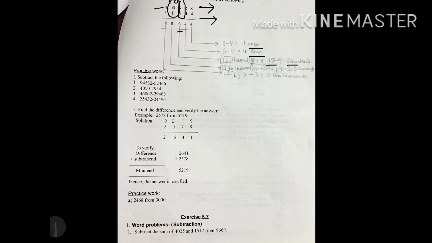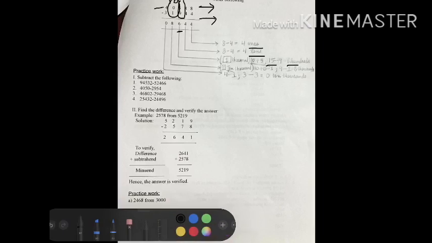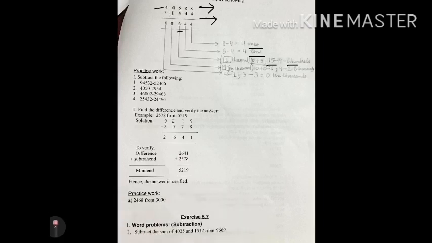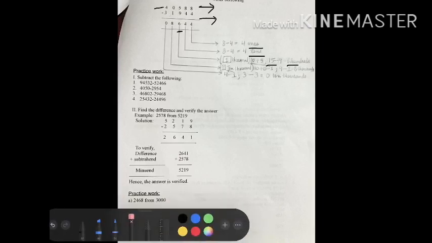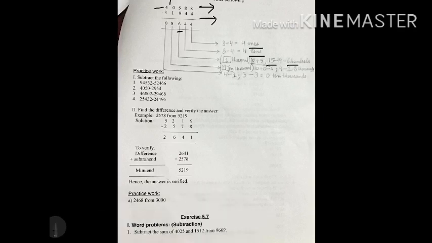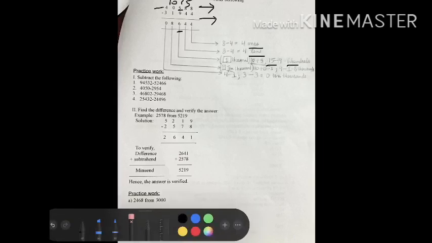Now this 5 was smaller, so it asked the 10 to give it 1, and 5 has become 15. Now this 10, when it gives 1, will become what, students? It will become 9. So I'm just writing here 9.